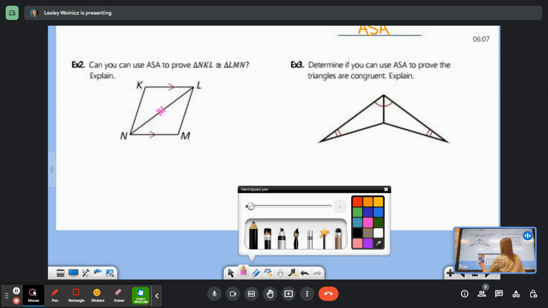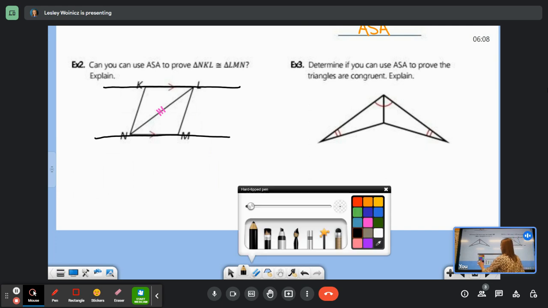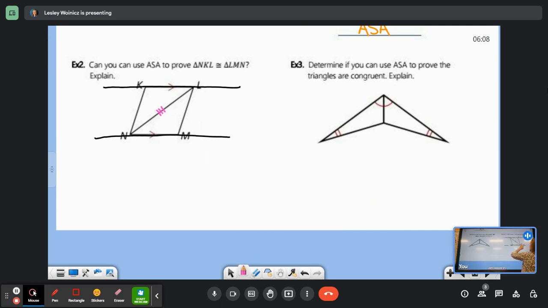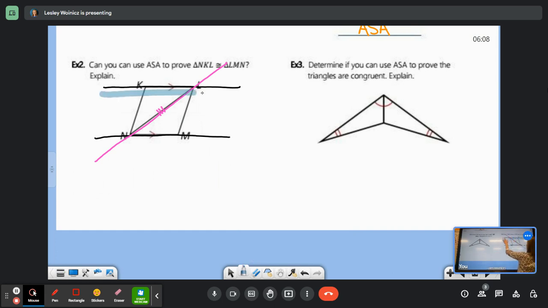I also have two beautiful parallel lines because these sides are parallel to each other. Let me just extend my parallel lines like we practiced. Okay, that congruent side is on my hot pink transversal, and I'm going to shade my interior because it helps my brain.